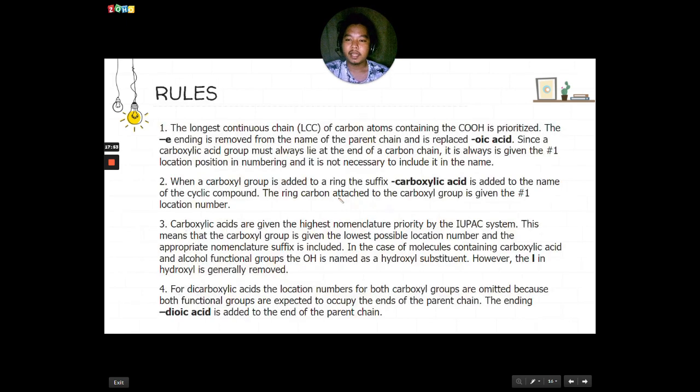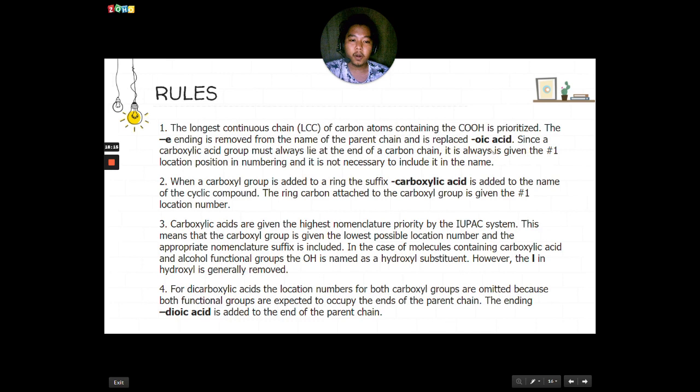I'll upload the PowerPoint. So, to generalize what we have learned, here's the first rule. The longest continuous chain is the COOH. COOH is prioritized. So we make the carbon where our oxygen and hydroxyl group is attached our first carbon, our carbon 1.